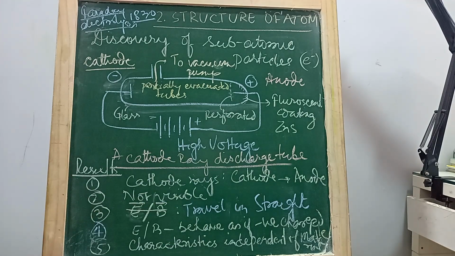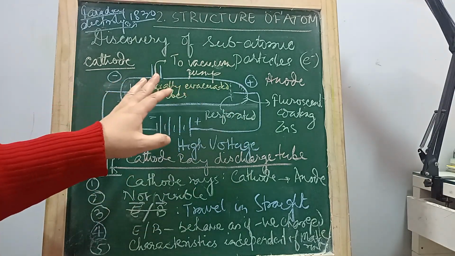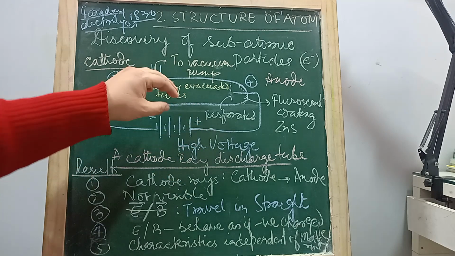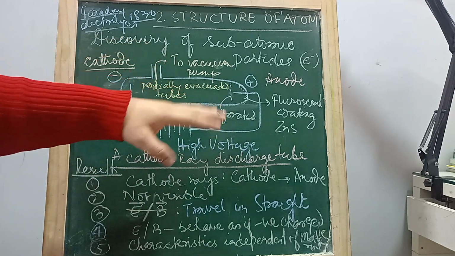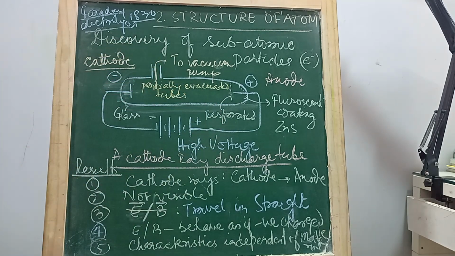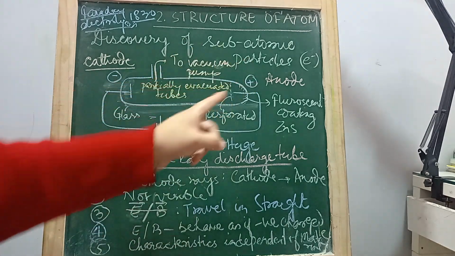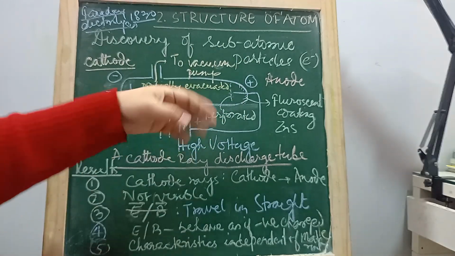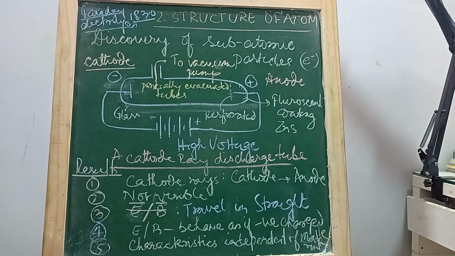Very high voltage was applied across the electrodes. The pressure of the gas inside the glass tube was maintained. It was generally reduced by using a vacuum pump, so that the gas was removed and the pressure inside the tube is lowered.